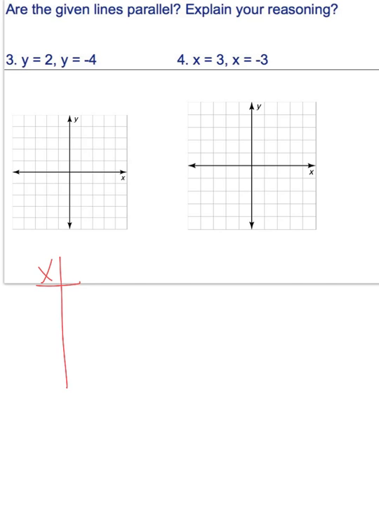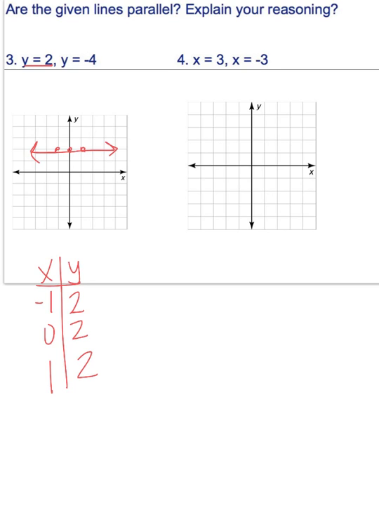Let's start with y equals 2. I'm going to plug in -1, 0, 1, and I'm going to put 2's all the way down. Now I'm going to graph that. So there's my first line with y equals 2 in red.